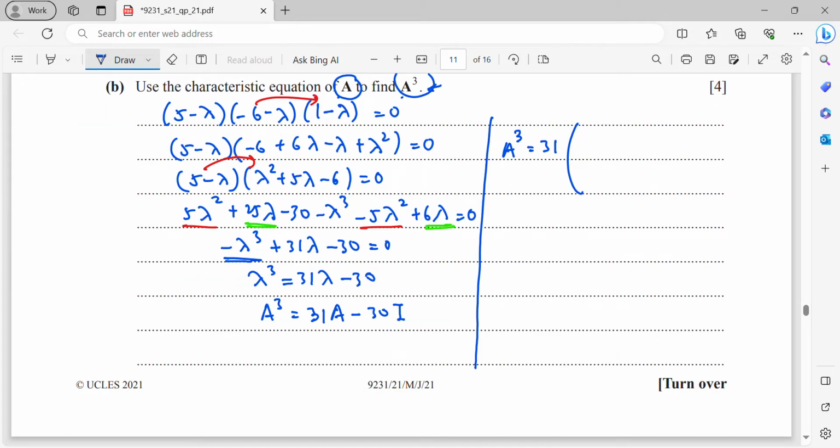So here I will get 500, minus 22 over 3, minus 60, 801. That is my A. Then minus 30I, where I is the identity matrix.